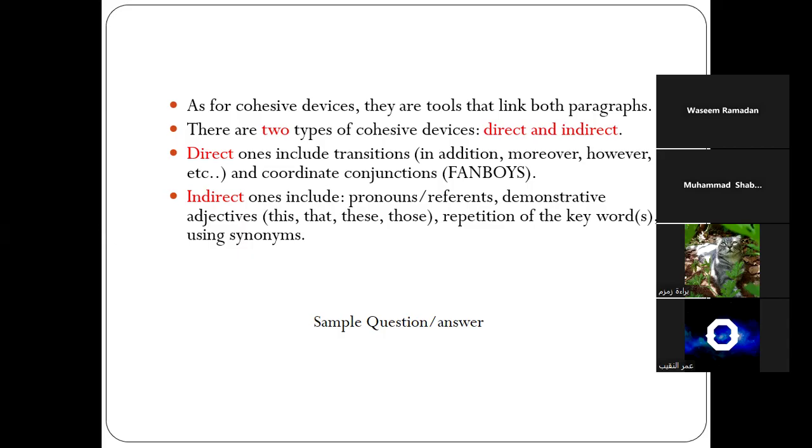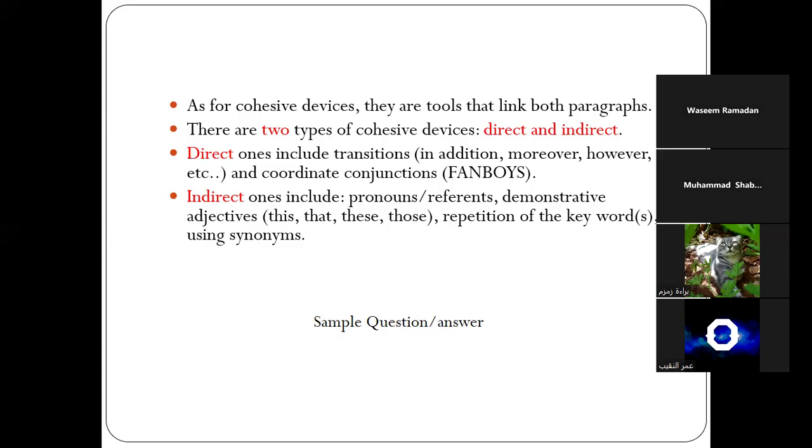Either the same keyword is repeated. For example, in the first paragraph, I have the word poverty. Then in the second paragraph, it's repeated. Poverty is, and so on. Or using synonyms or meanings. In the first paragraph, for example, I use the word teenagers, and in the second paragraph, I use the word adolescents. Okay?